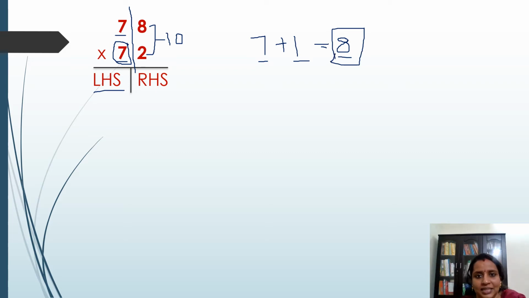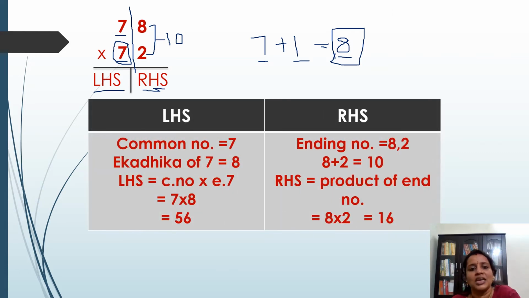That is the 8. And to get the RHS, see, the last digits total to 10. To get the RHS, I have to multiply these two digits. Just see here. The LHS here: the common number is 7 and the Ekadika of 7 is 8.